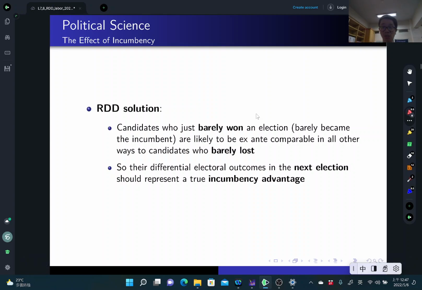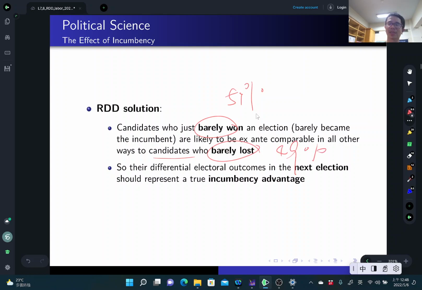So here is the RD solution. They use the candidate who barely won the election, so they become the incumbent. That means they win with, for example, 51%. And they compare them to the candidate who barely lost, who got just, for example, 49%, but lost the election. So one got elected, one did not, but they are all very similar. They are all popular actually. They get very similar vote share, but just one passes the half, one does not.